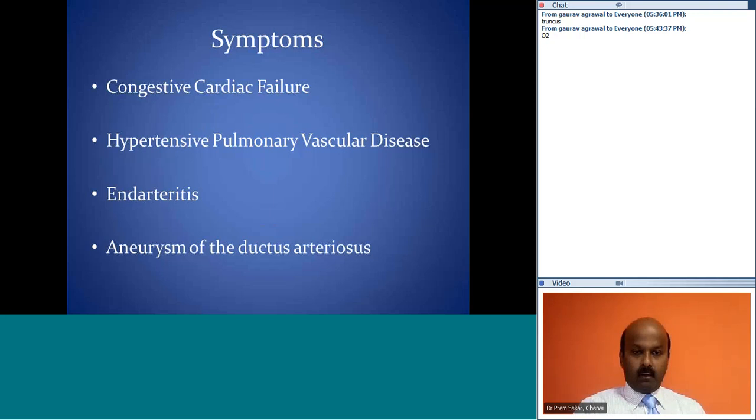Sometimes you find that the underlying pathology, the pulmonary hypertension, is not per se because of the left to right shunt, but because of primary pulmonary hypertension. And in these, the pulmonary hypertension does not return to normal even with early interruption of the ductal shunt, and it continues to progress with adverse consequences.